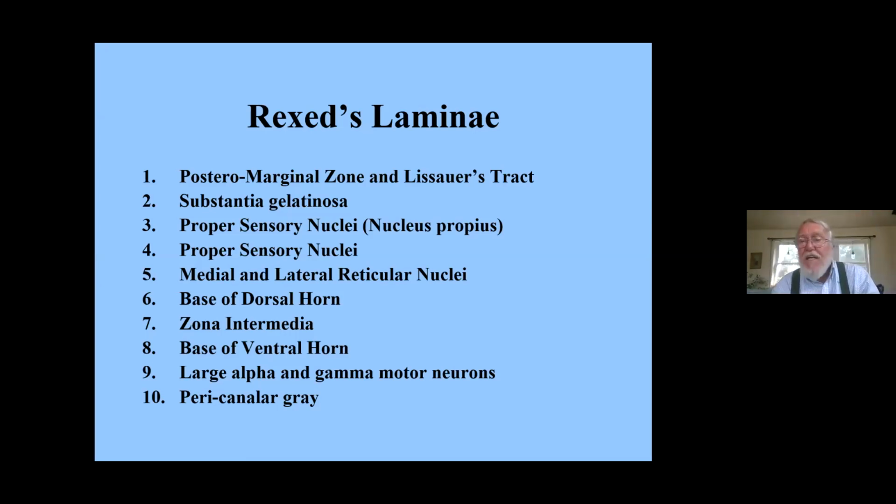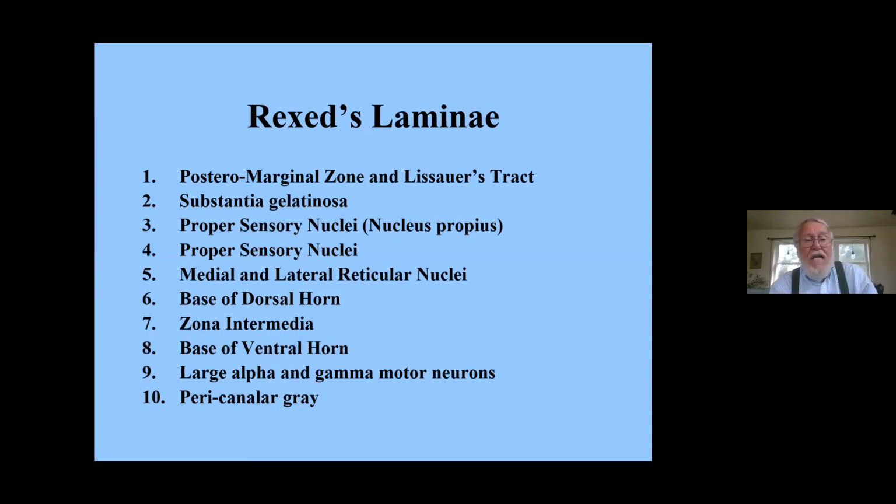And basically what is happening is, depending on what's going on here and the extent of the stimulation that you might be getting along a particular area, that many levels of Lissauer's tract would get activated. So Lissauer's tract is very much involved in spinal communication, and the cells of lamina 1, the posterior marginal zone, are involved in that as well.